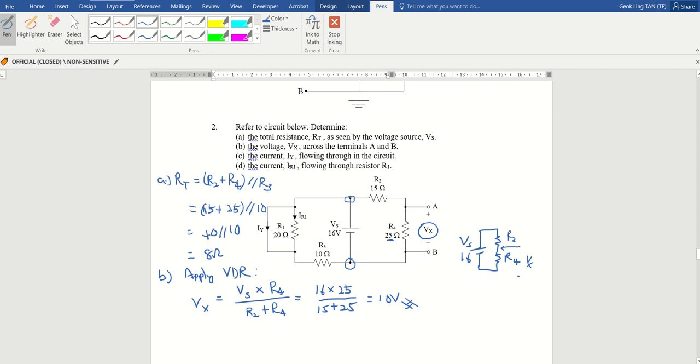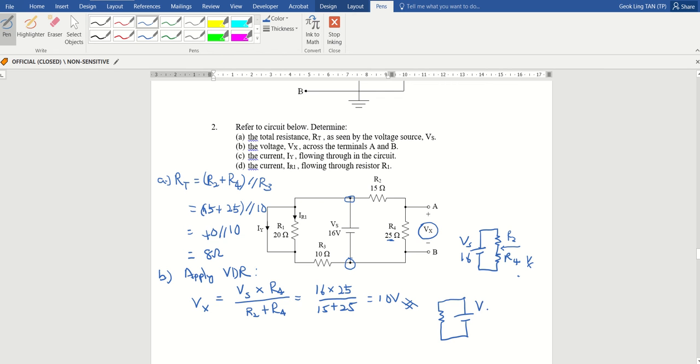For Iy, if you look at the left hand side, by Ohm's law, you need the voltage drop across R3. On the left hand side, you have Vs and then R3.